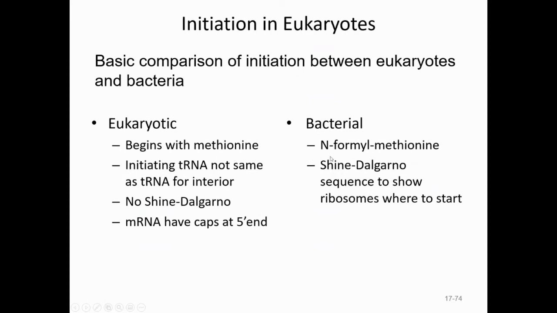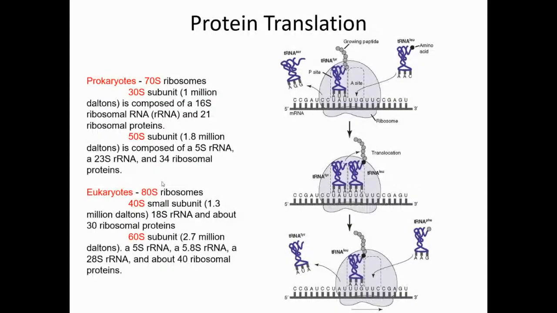Bacteria need a Shine-Dalgarno sequence to show the ribosome where to start. But in eukaryotes, there's no such sequence, but there's some other signal that can help the methionine to come to the start codon.